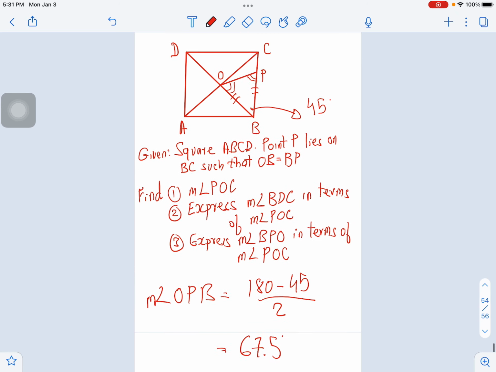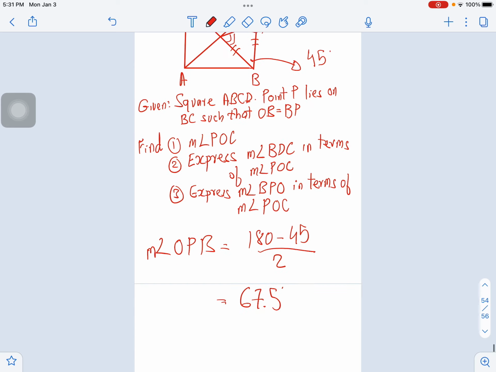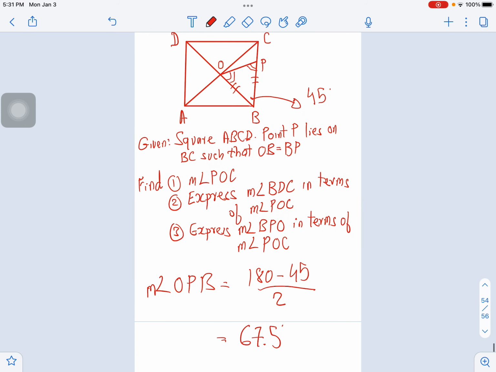Now this is interesting. The reason why we found OPB is because the angle OPB is the external angle for triangle POC, right? And if I were to apply the external angle theorem, what would I get? I would get angle OPB, which is this angle.